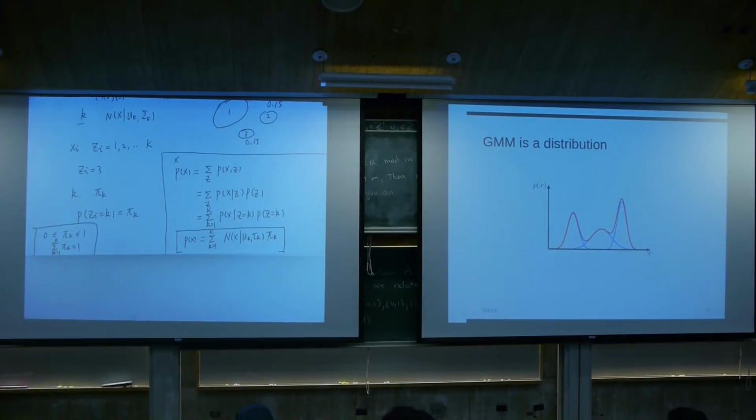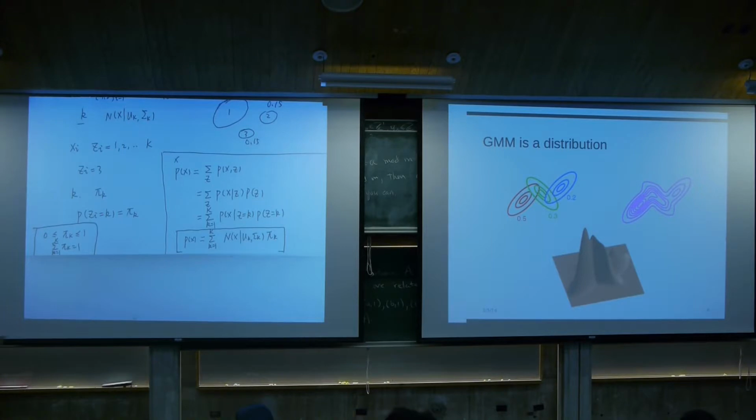And as we said, a Gaussian mixture model is simply a distribution. For example, in this 1D example, we have 3 single Gaussians denoted by the blue curves. If you mix them with 3 pi_k's, it gives you a mixed distribution denoted by the red curve. And this is the 2D case. We have 3 Gaussians: the red one, the green one, and the blue one.